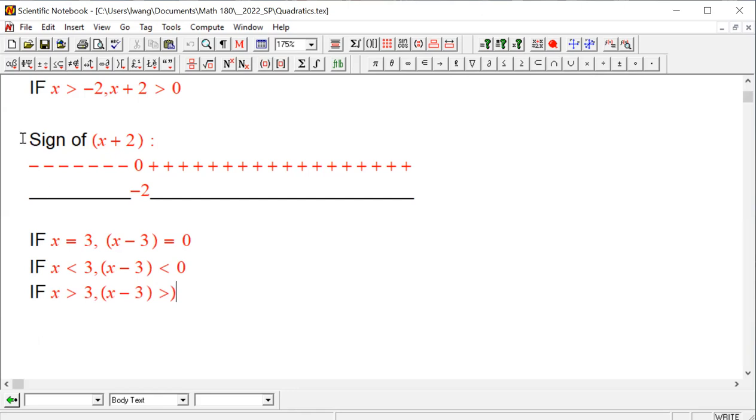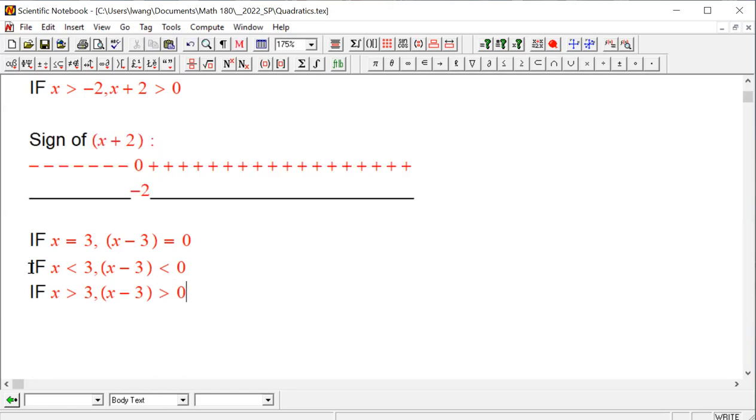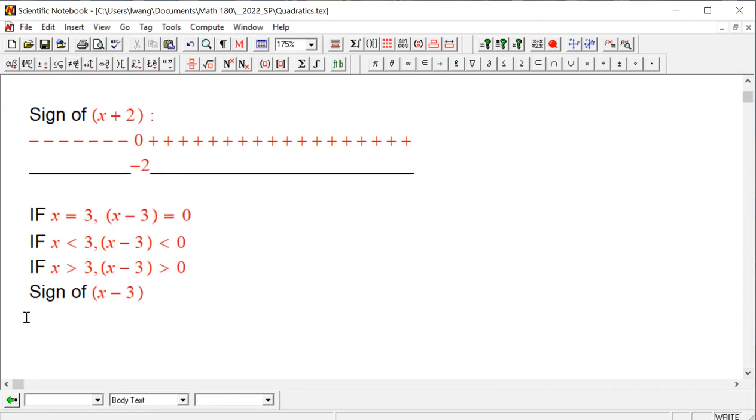Similarly, we can draw a picture to describe this process. Regarding the sign of x minus 3, how is the sign of x minus 3 distributed?